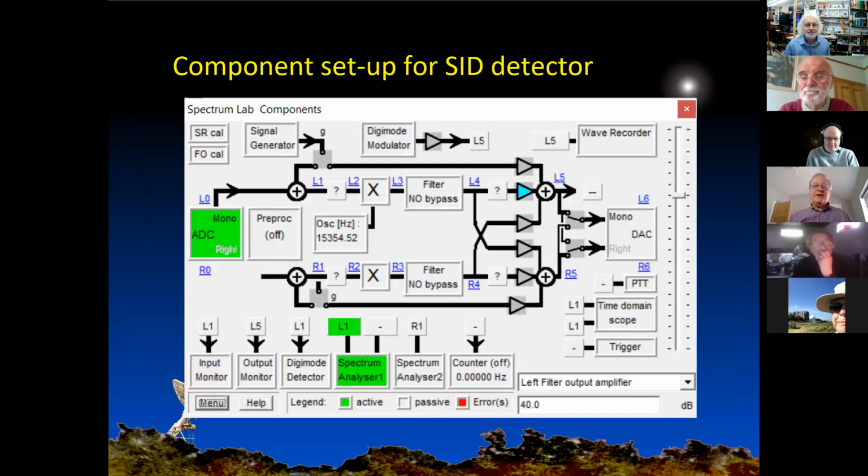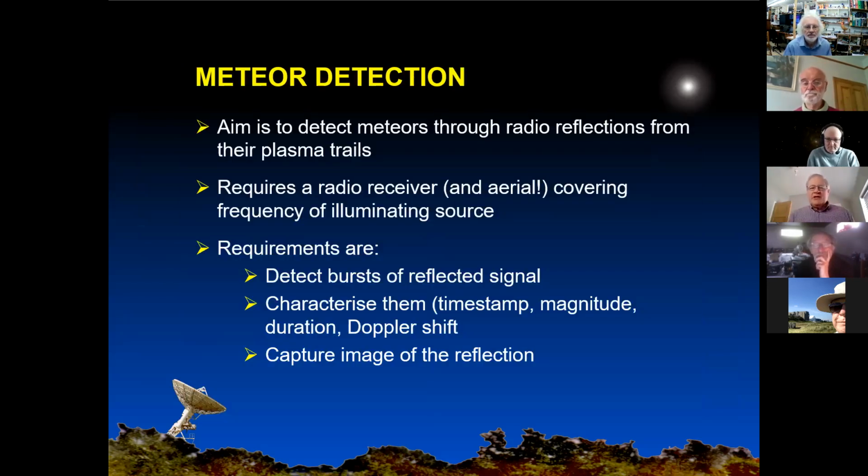our final chapter, Meteor Detection. Now here, the aim is to detect meteors through reflections off their plasma trails. So this is really plasma within a plasma, because the ionosphere itself is a plasma, but once you have a meteor burning a passage through the sky, you get a trail of thicker plasma.